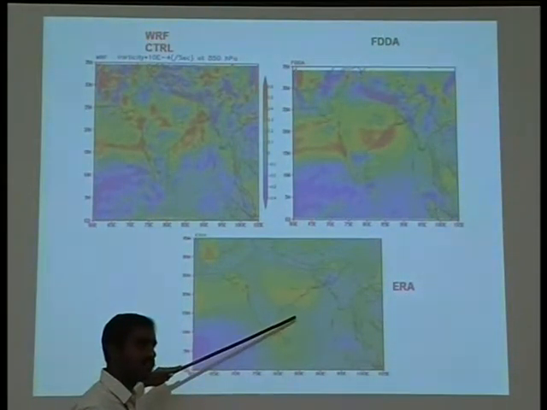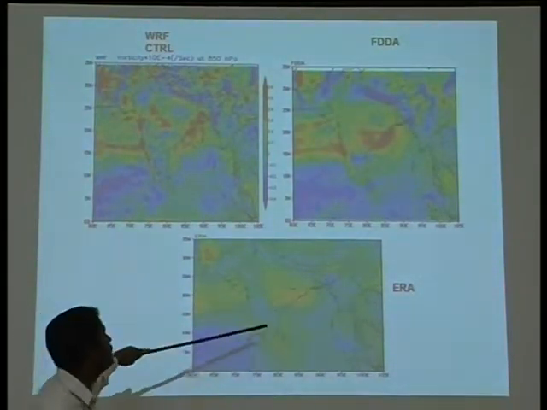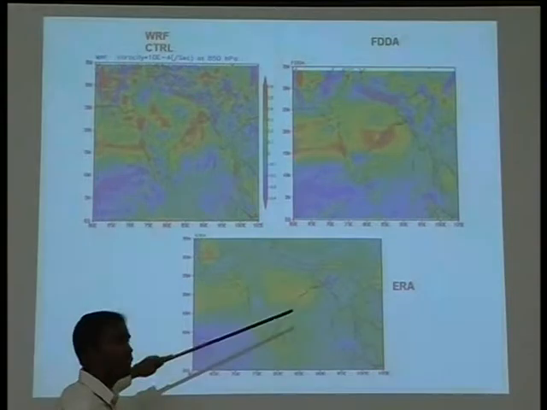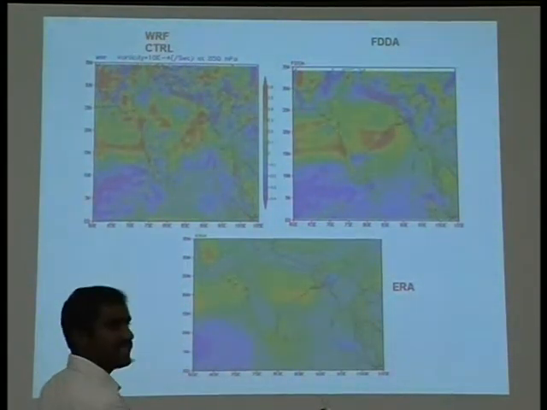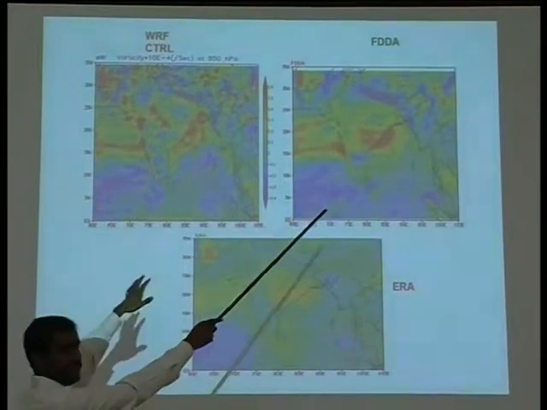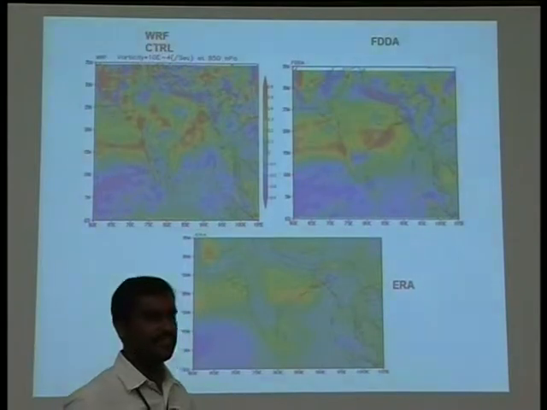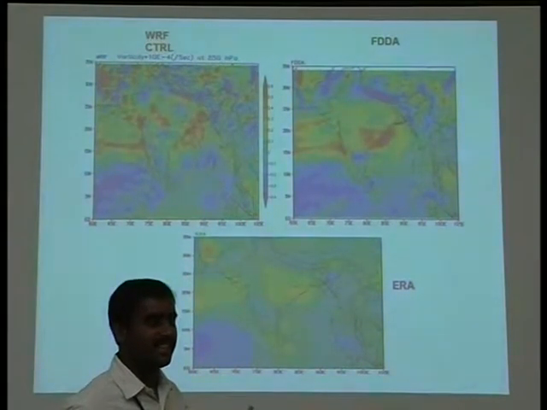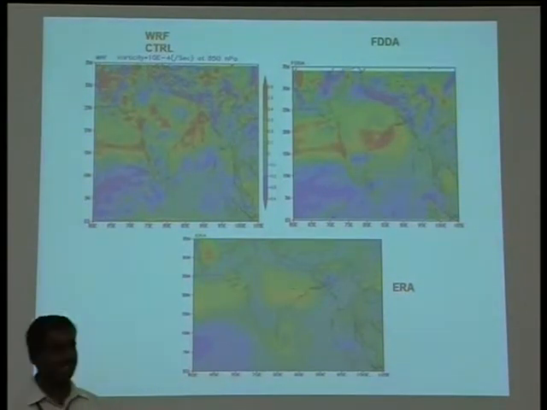This is your baseline, what you're comparing with. These two are compared with respect to this. This is observations, and this is the model. It's not really observation, but we are considering it as observations.